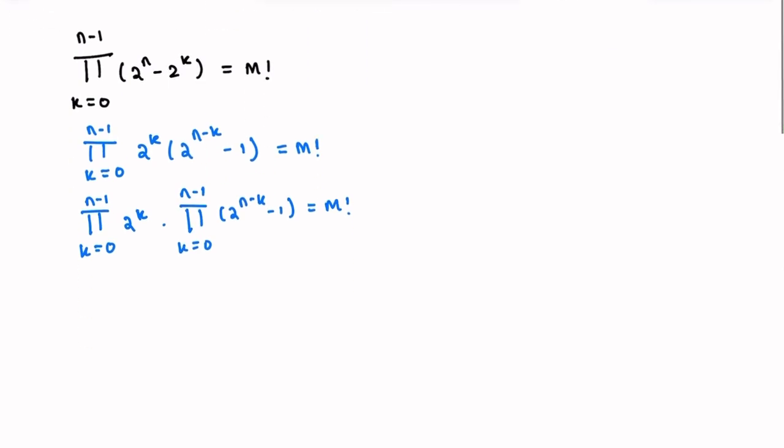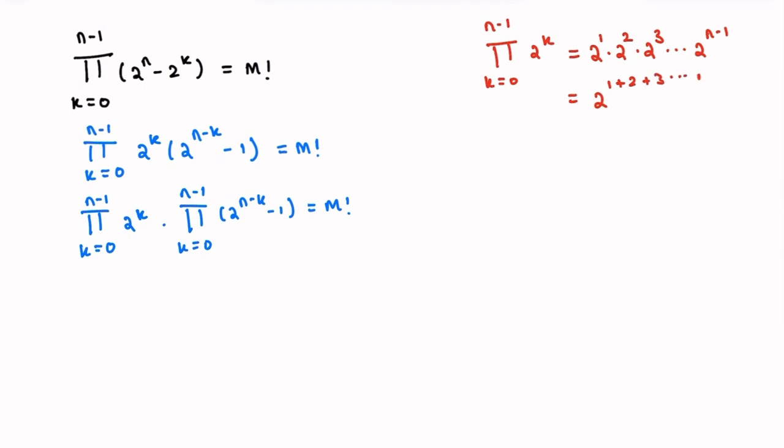So now what do we have? Well, let's take this left side out and analyze it. This is pretty much going to be 2^1 times 2^2 times 2^3, all the way up to 2^(n-1), which is the same as 2 to the power of 1 + 2 + 3, all the way to plus (n-1). Which is the same as 2 to the power of (n-1)(n-1+1)/2, which is 2 to the power of n(n-1)/2.